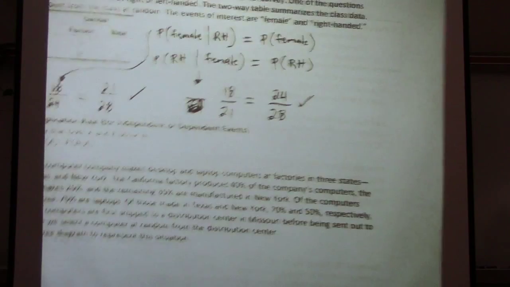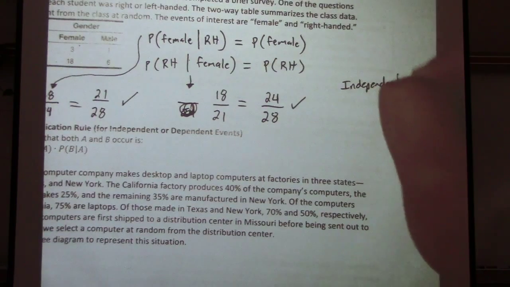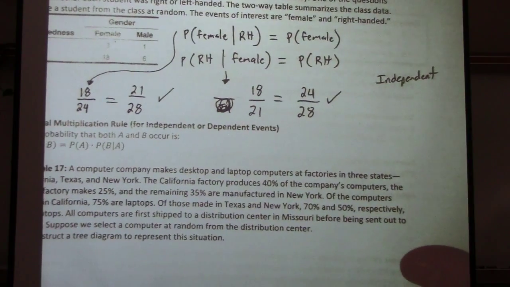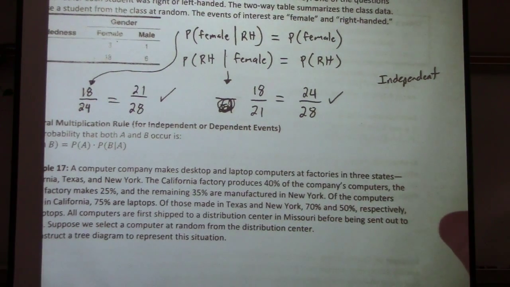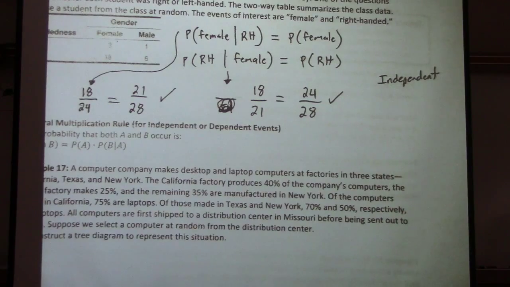To be independent. If they were slightly off, they would be not independent. Is it possible that the criteria is met for one of the situations and not for the other? No. 2 events are either independent or not. Oh, you mean right here? Yeah, is it possible that it works for female given right-handedness, but not for right-handed given female?